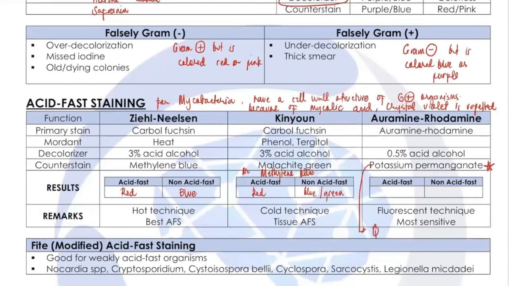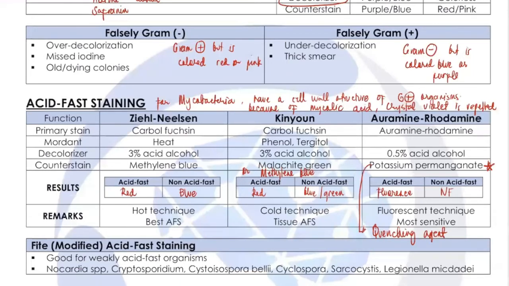That serves as a quenching agent. Okay, it is serving as a quenching agent. So of course, since this is a fluorescent technique, acid-fast organisms will fluoresce, whereas non-acid-fast organisms won't. Okay, so they are non-fluorescent, sa technique na ito.